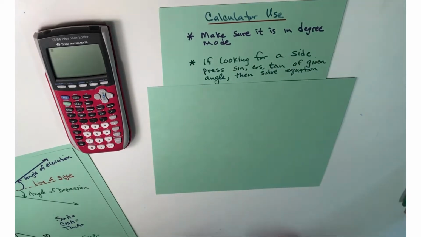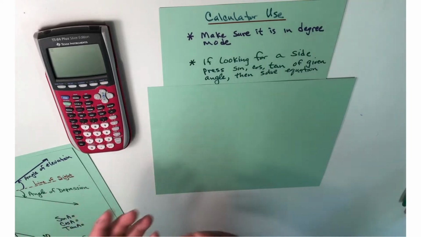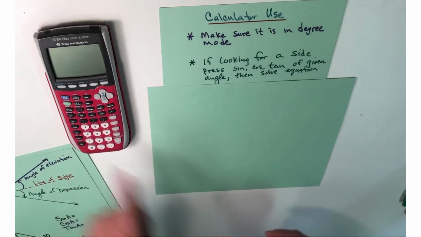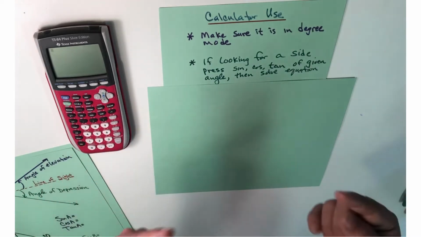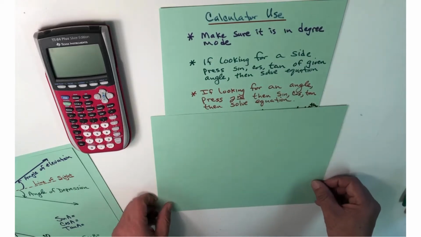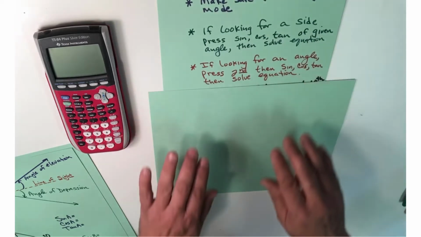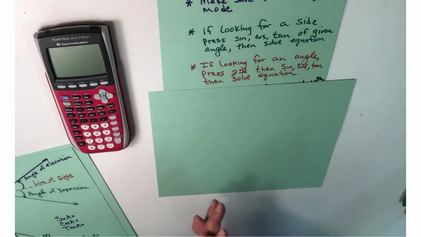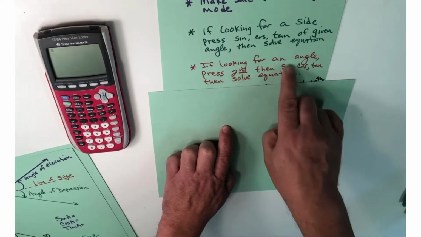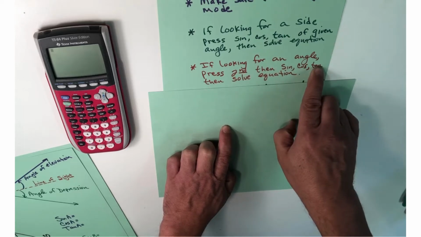Number two, if you are looking for a side, then you're just going to be pressing sine, cosine, and tangent of the given angle. They're going to give you an angle, so you just press the word sine on your calculator and then you solve the equation. I'll show you shortly. However, if you are looking for an angle, and I'll show you this in examples in a few minutes as well, you must always press the second function and then sine, cosine, and tangent.